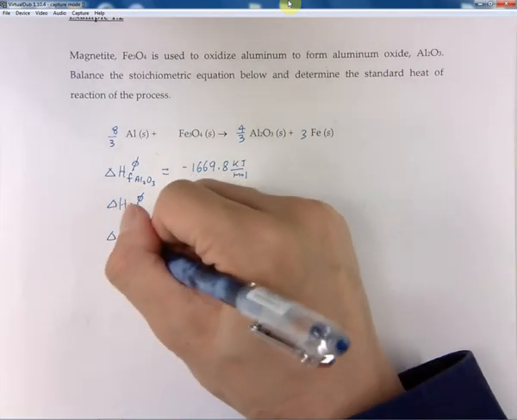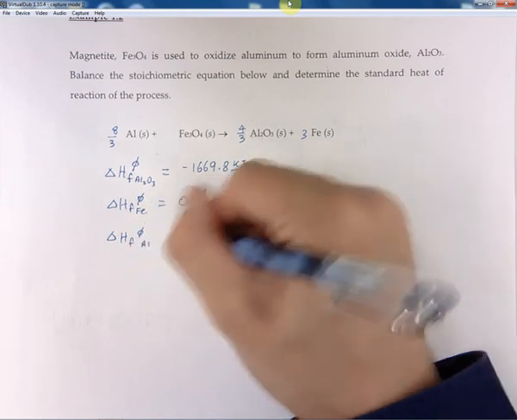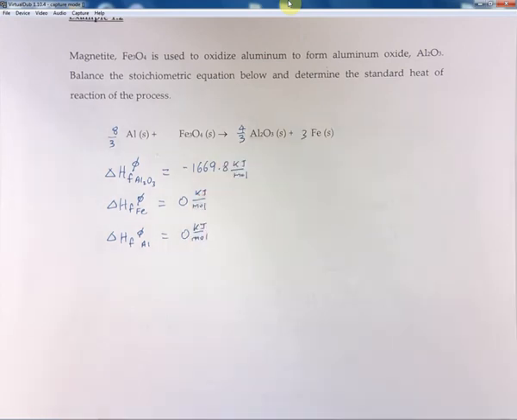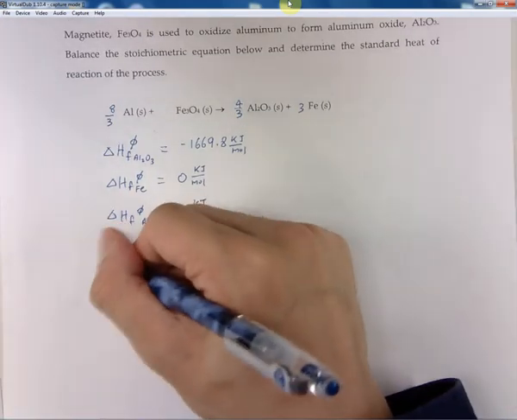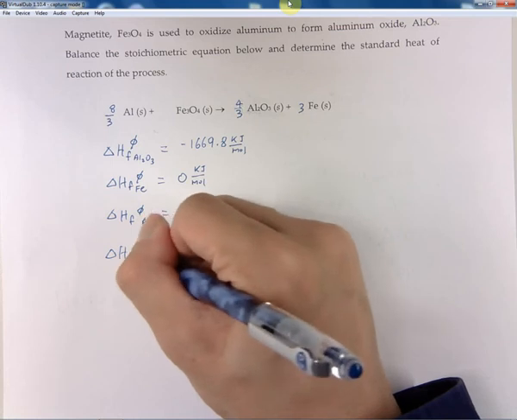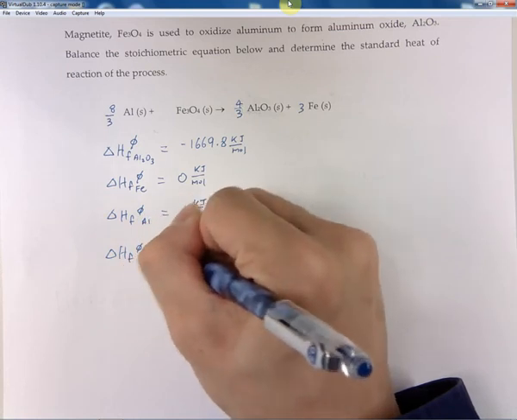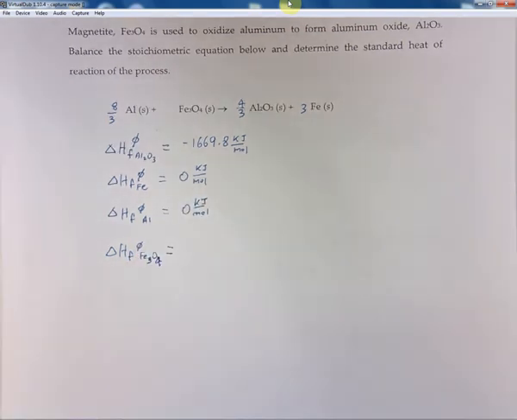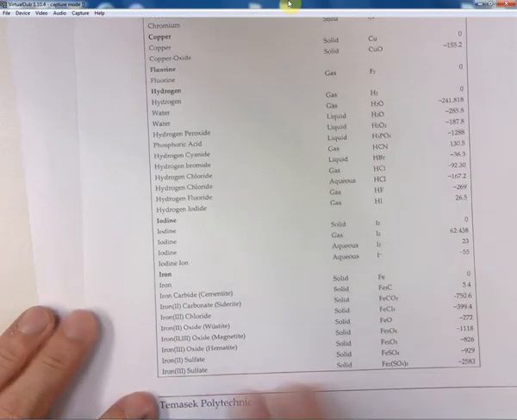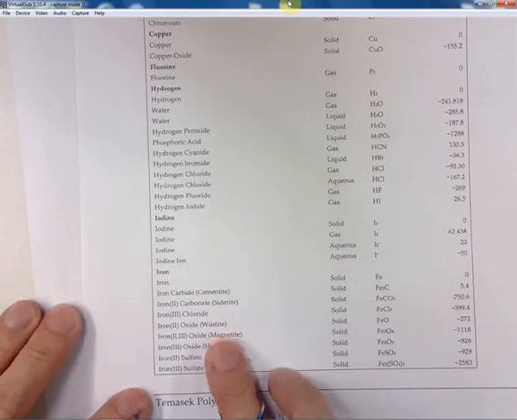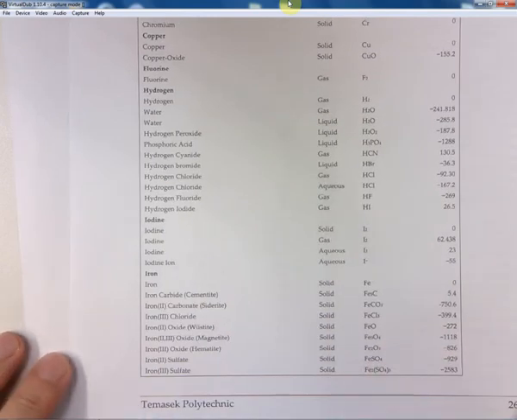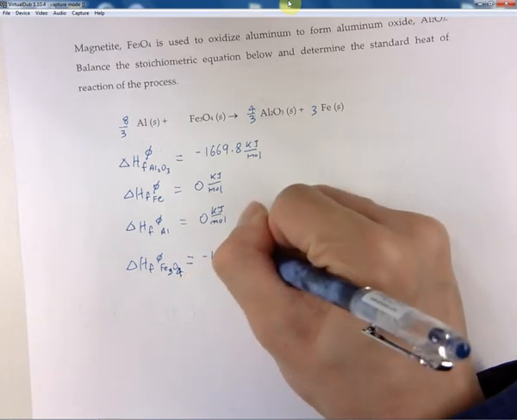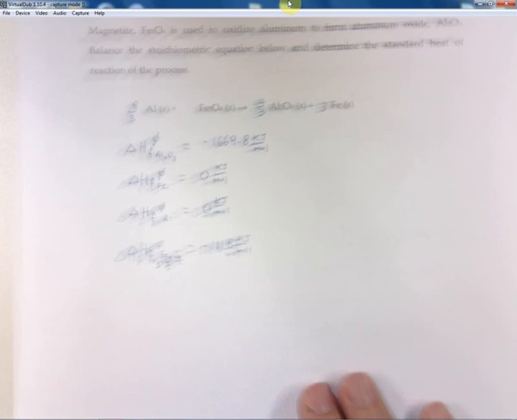Heat of formation for aluminium is 0 kilojoule per mole again, because it's an element. So for magnetite, Fe3O4 is over here, negative 1118 kilojoule per mole.